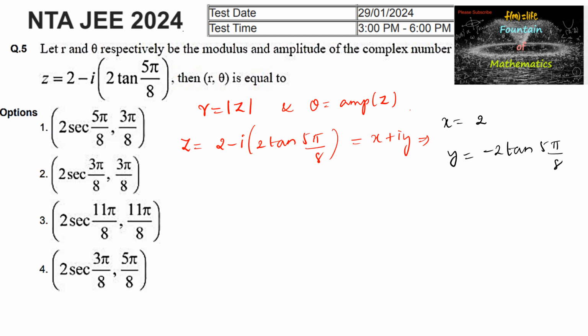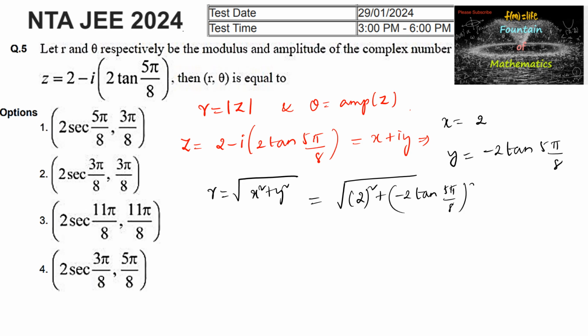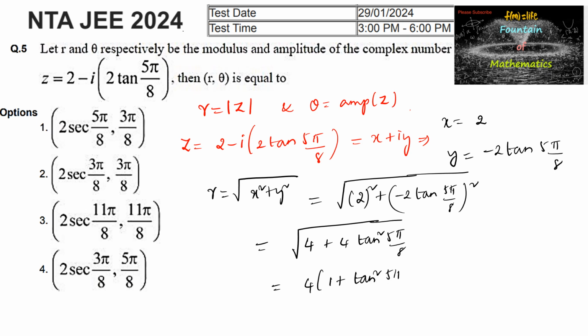And we know that r is equal to under root of x square plus y square, which is equal to root of 2 square plus minus 2 tan 5 pi by 8 whole square, which is equal to root of 2 square is 4 plus 4 times tan square 5 pi by 8, which is equal to 4 taken common, 1 plus tan square 5 pi by 8, which is equal to square root of 4 is 2 and again 1 plus tan square theta is secant square theta.